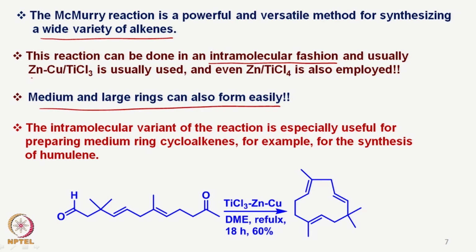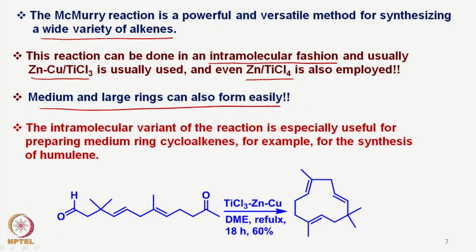For that you can of course use many reducing agents, such as what we discussed, lithium aluminum hydride or potassium or lithium, but also zinc copper coupled with TiCl3, or even zinc and titanium tetrachloride is used. Essentially the idea is to get titanium 0, which allows an electron transfer to take place.